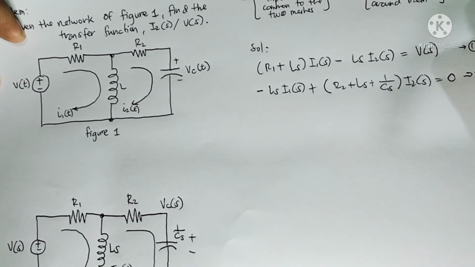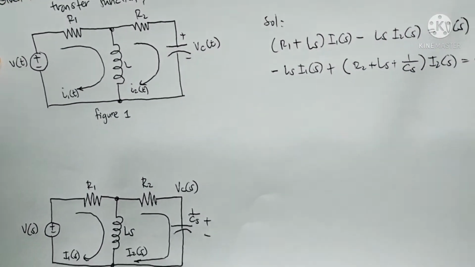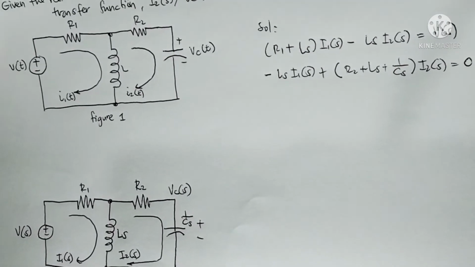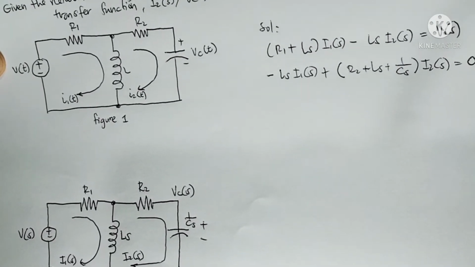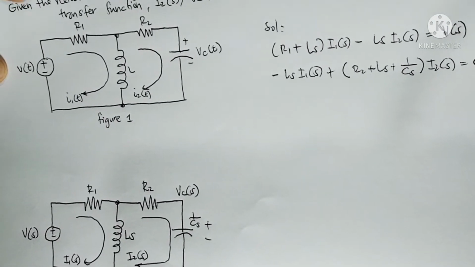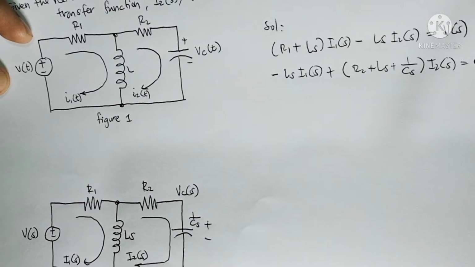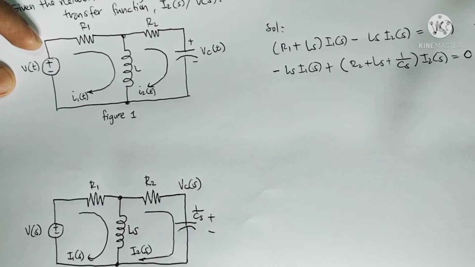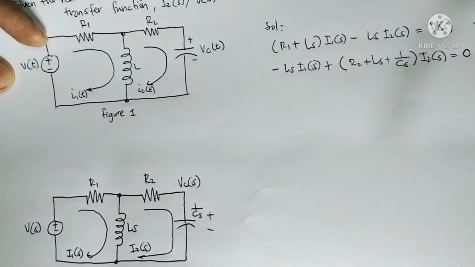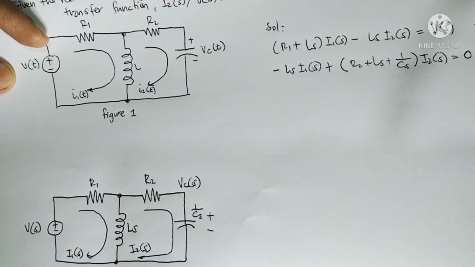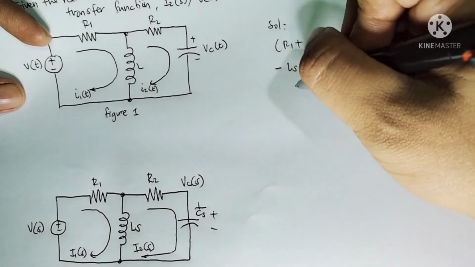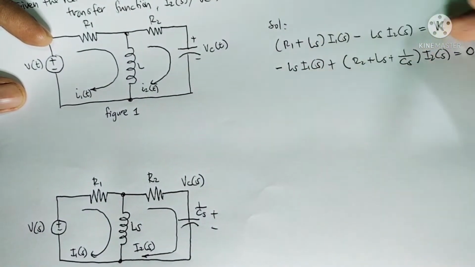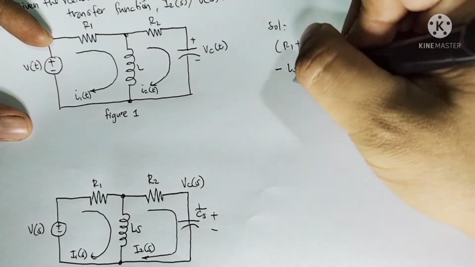As you can see, we now have two equations and two unknowns, where we can find the unknown variables. But this time we have to find the transfer function, the ratio between I sub 2 and the voltage as a function of S. We can use Cramer's rule, or we can convert this to a matrix.